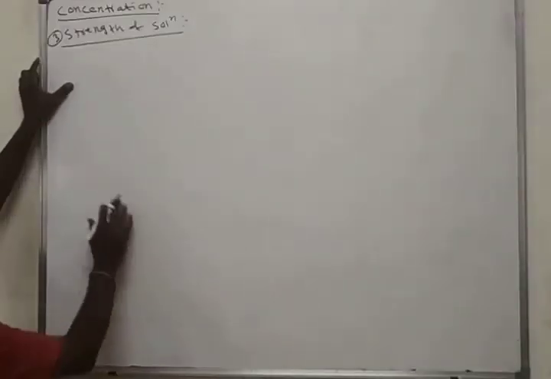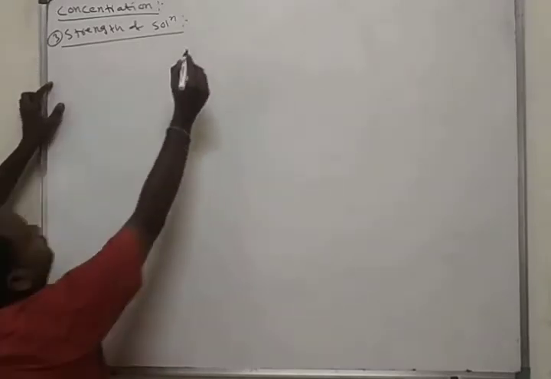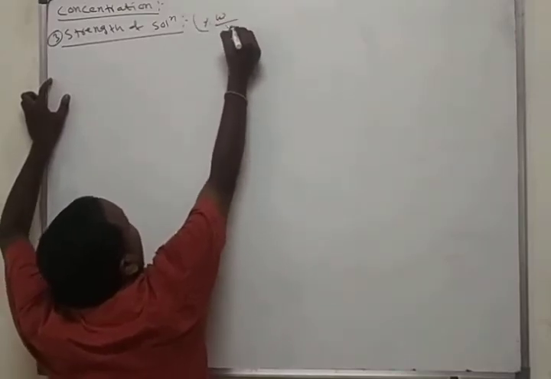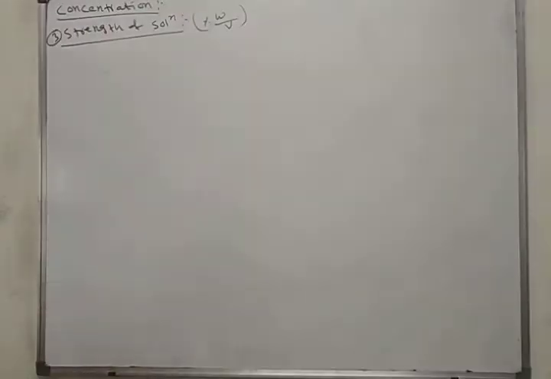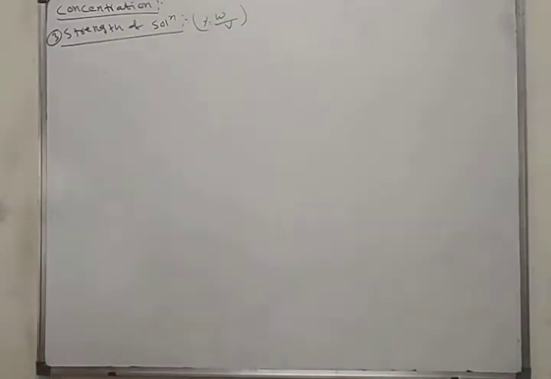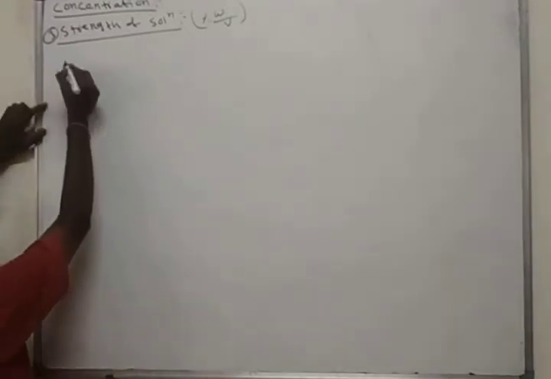Strength of solution is indicated with percentage, weight by volume. By using this principle, we indicate the strength of solution with this symbol: percentage, small w by small v. How we calculate?